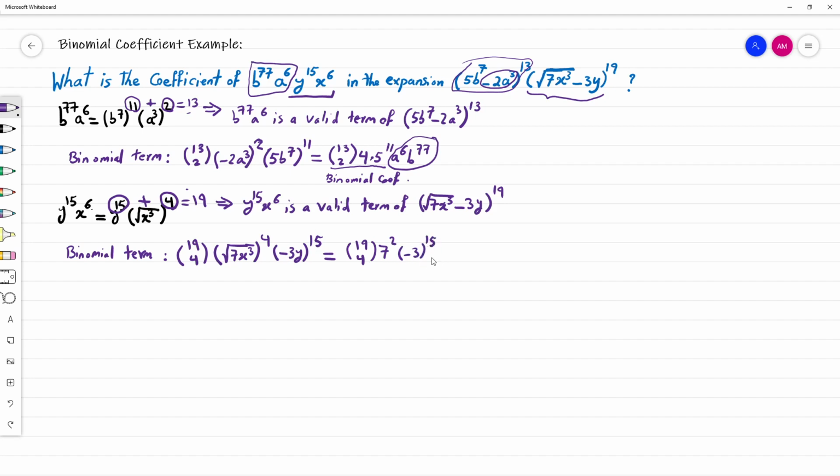And the rest of the component would be, of course, the square root of x cubed to the power 4, which is x to the power 6. And here we get y to the power 15. Okay, so this is the term that we were interested in because that's the term that we were looking for from the given problem definition. And here you have the corresponding binomial coefficient.